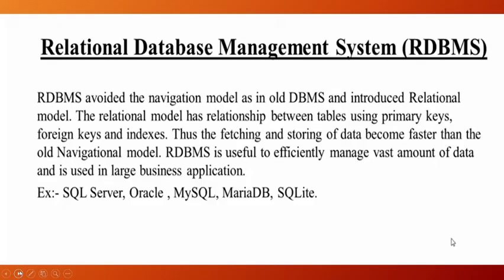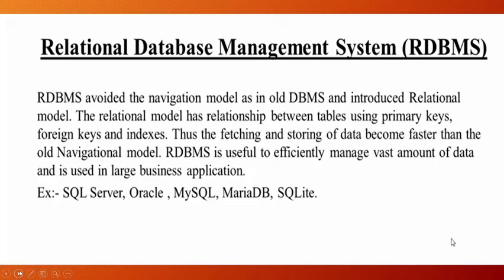So we have the older data model also, but seeing the advantages of the relational database model, it has become very popular and it is commonly used for storing the data in the database.